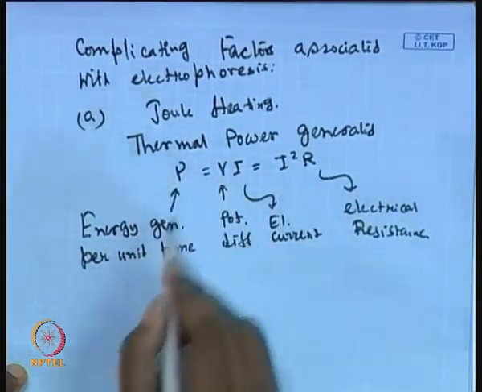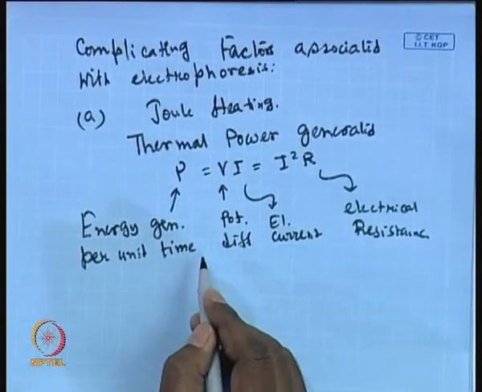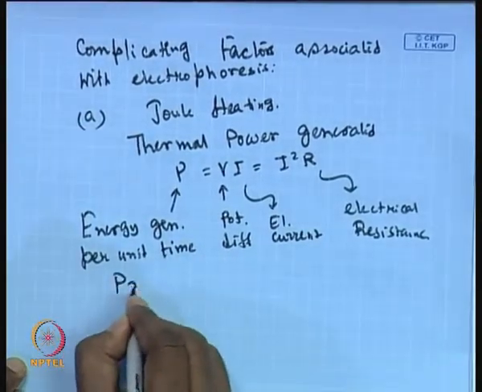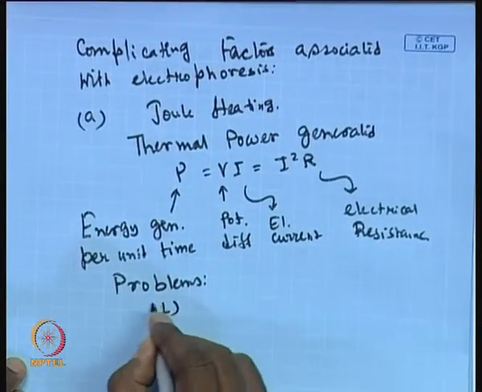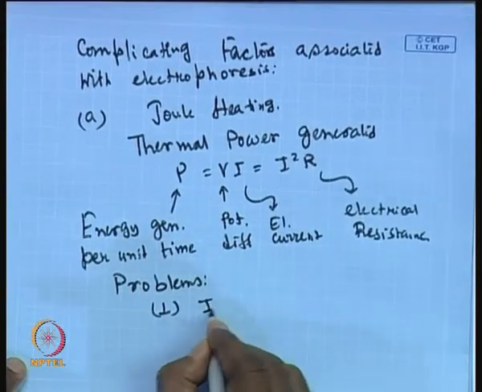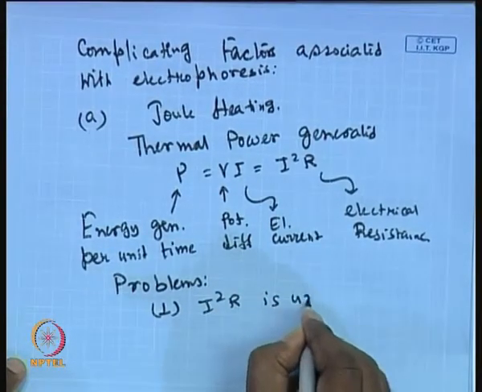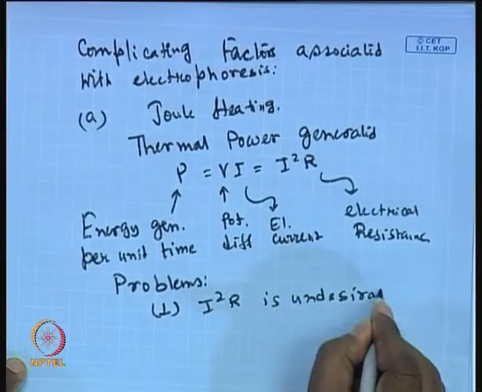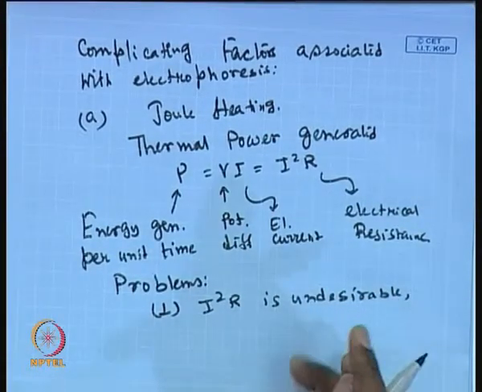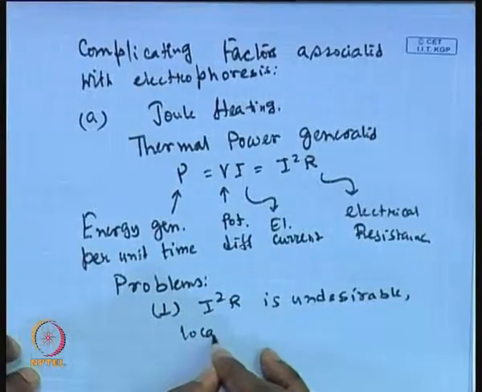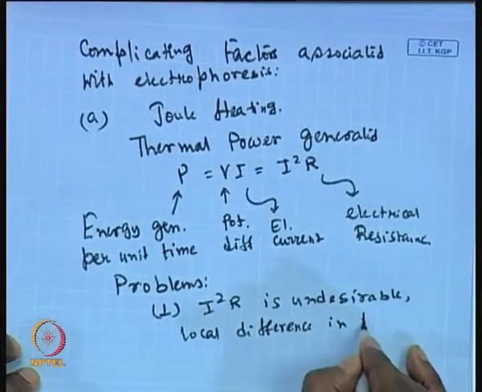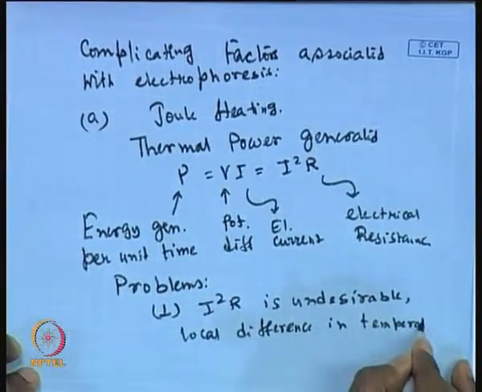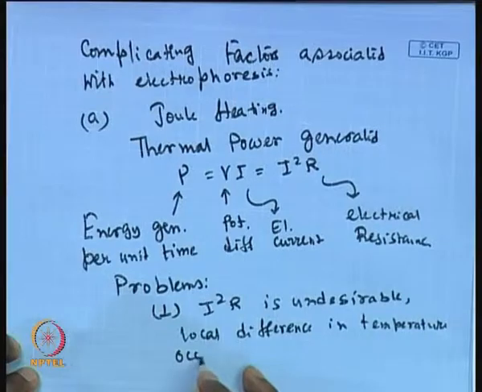Now, in this particular case, Joule heating will cause a two-fold problem. Firstly, I square R is undesirable because it leads to local fluctuation in the temperature. Okay. Local difference in temperature occurs.